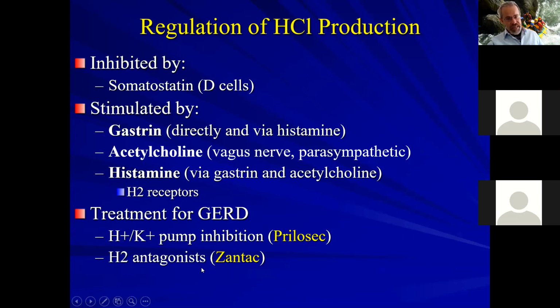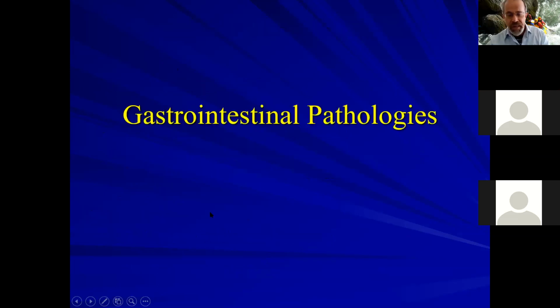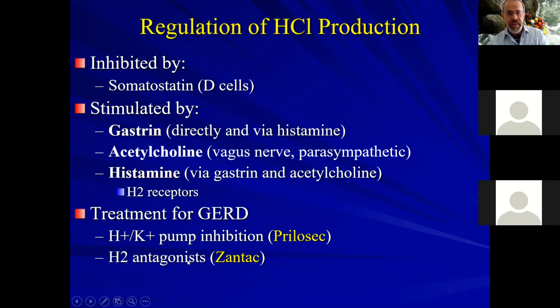Drugs that block the hydrogen pump, that proton pump, would be something like Prilosec. Those are called proton pump inhibitors. So there are a couple of different ways people inhibit or reduce hydrochloric acid production for things like GERD, gastroesophageal reflux disease.